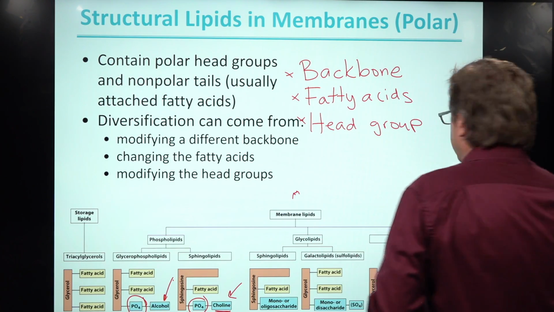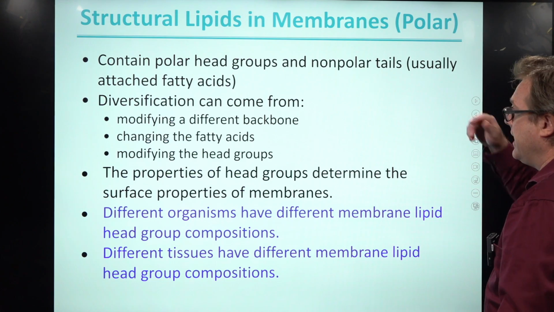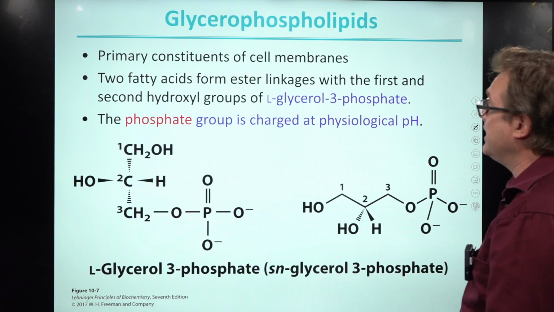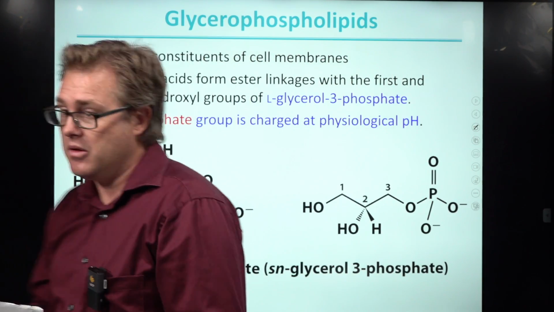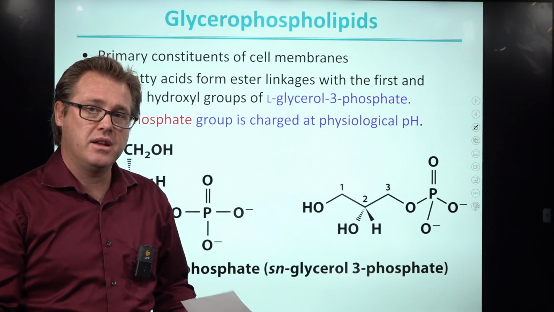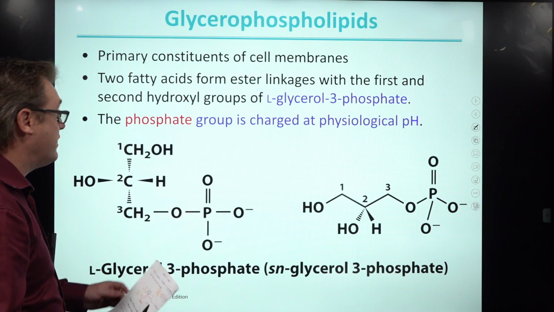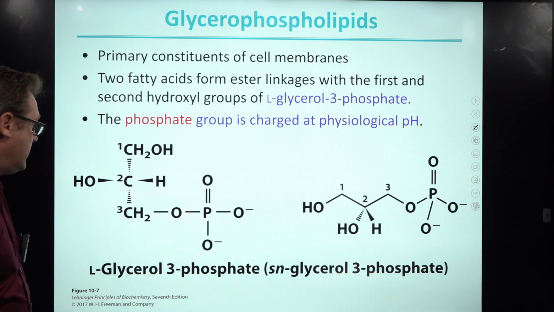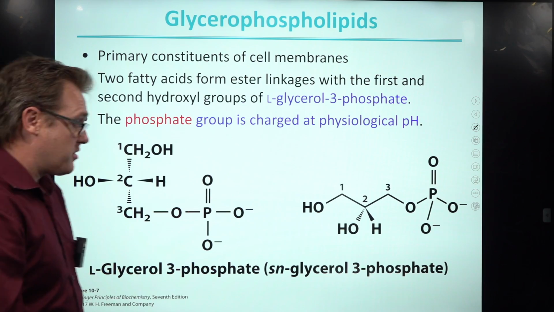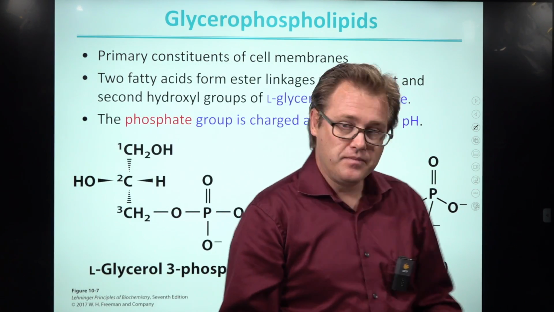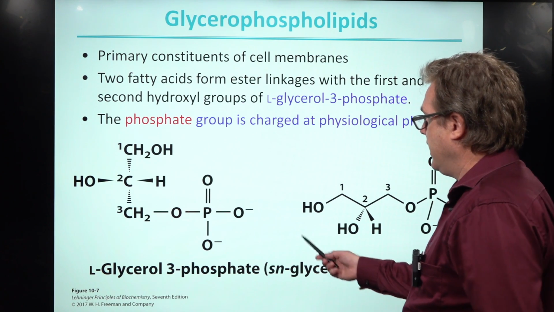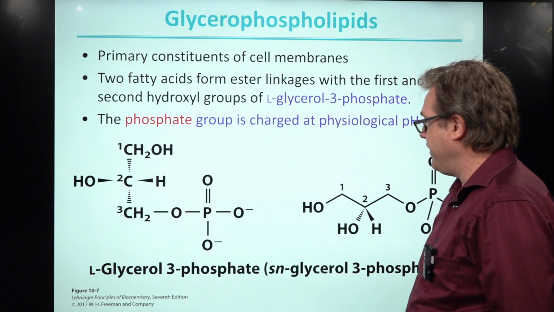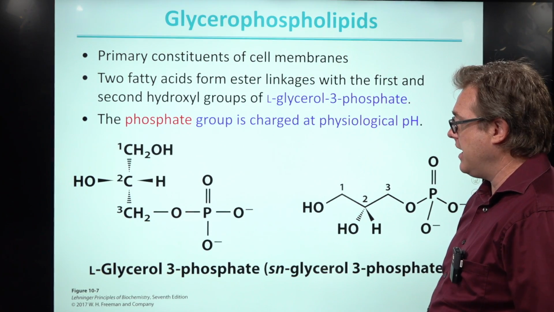So the first thing that we can talk about here is focusing our attention on the glycerol phospholipids and looking at the glycerol group. Okay. So the glycerol backbone right here, here we have the glycerol 3-phosphate shown there.